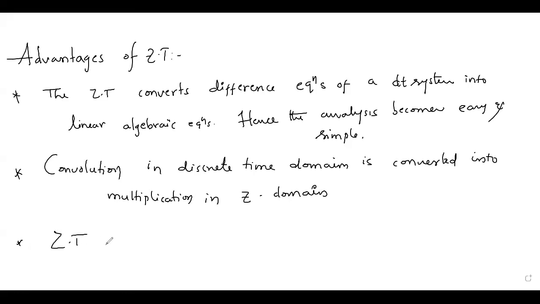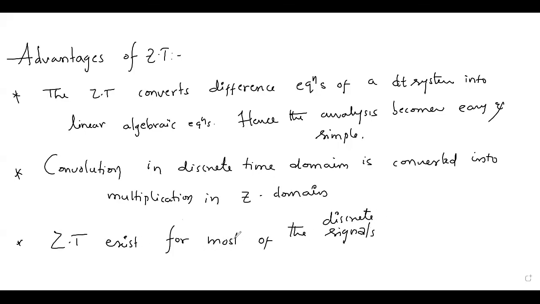Z transform is applicable in digital signal processing because we are not having the problems related to this third point. It exists for most of the discrete signals. Don't forget that point, because complete Z transform is only for discrete signals.